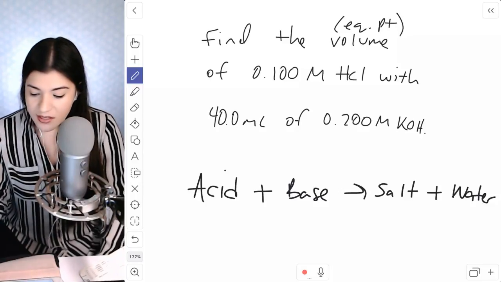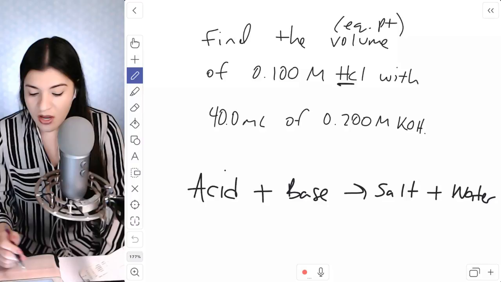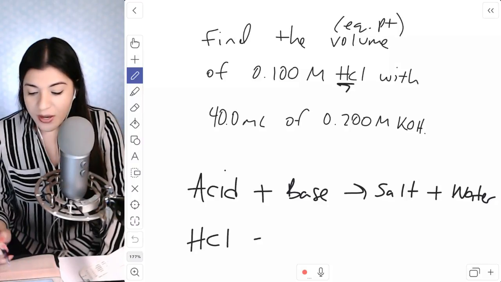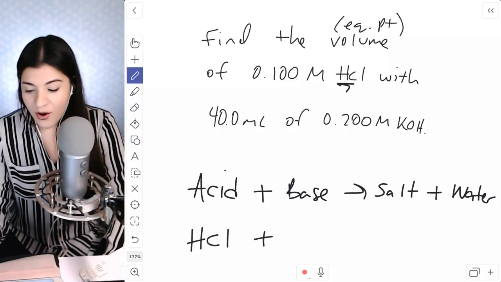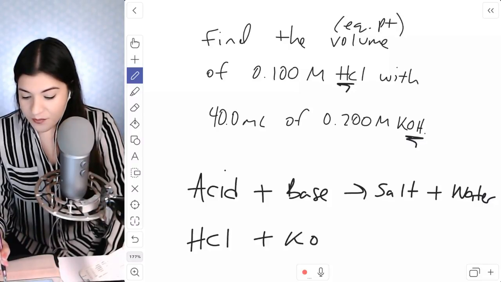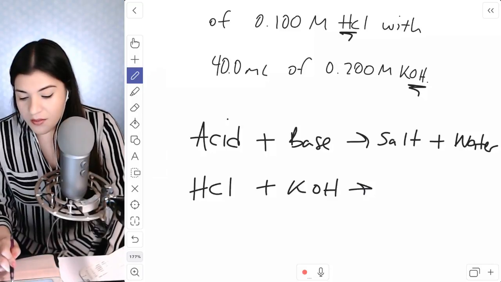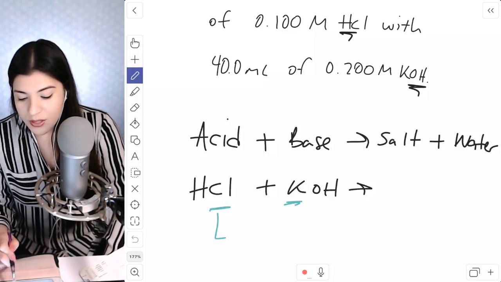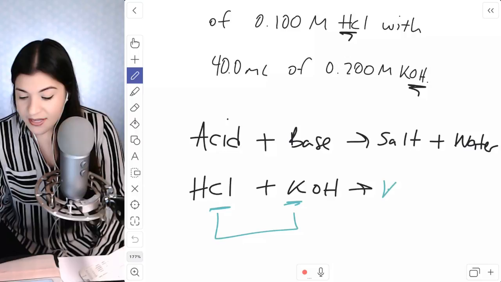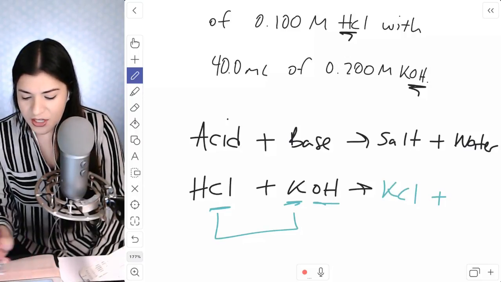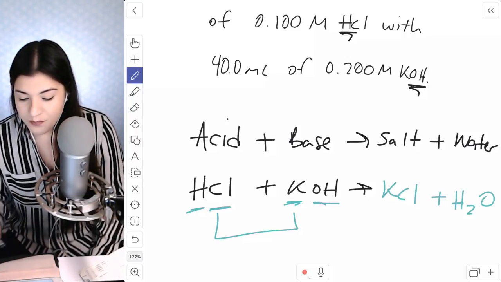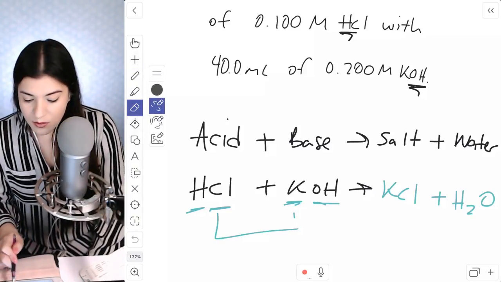Our acid is anything that begins with H, so HCl. Our base is anything that ends in OH, so KOH. Then the K and Cl join together to form our salt, KCl, and OH and H form H2O.